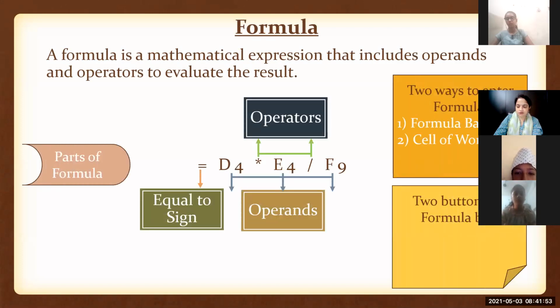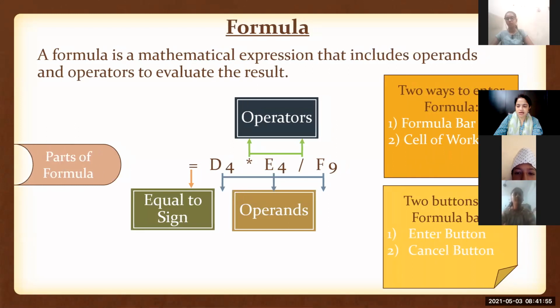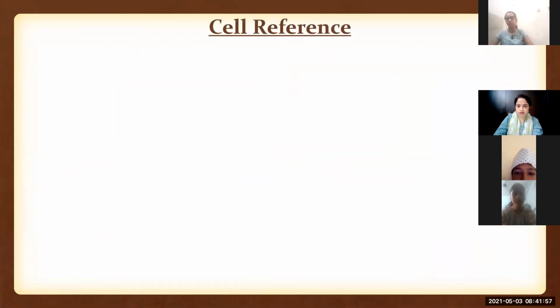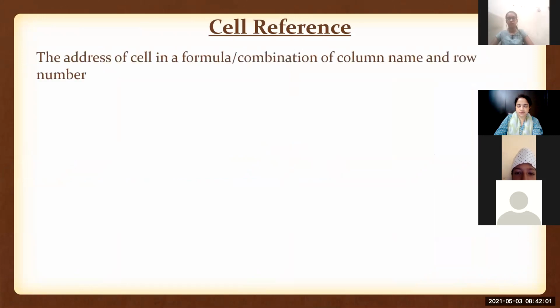So there are two definitions for cell reference: one is the address of a cell in a formula, second is the combination of column name and row number. There are three types of cell references, as Angad was saying.